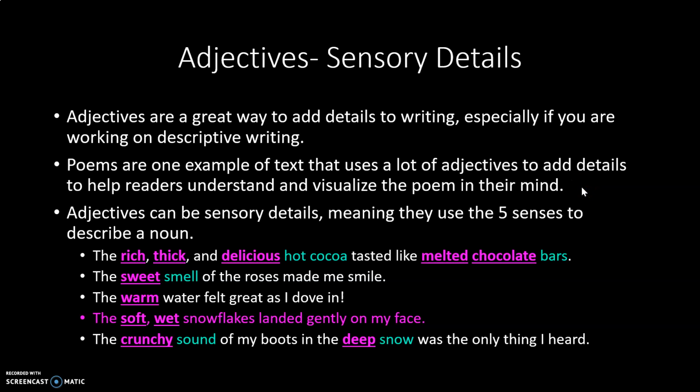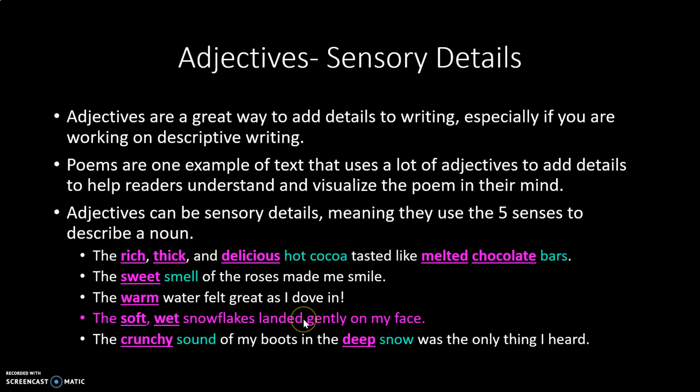A lot of times you will see poems that have tons of sensory details and lots of adjectives that describe how something looks, sounds, tastes, feels, because poems are usually one example of descriptive writing. Not always, but a lot of the time. So adjectives can be sensory details, meaning they use the 5 senses to describe a noun.